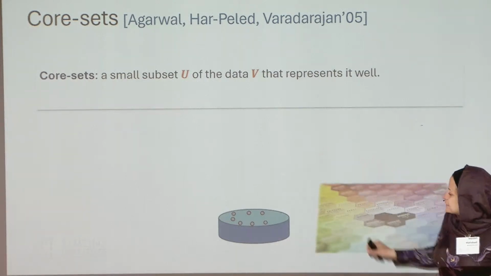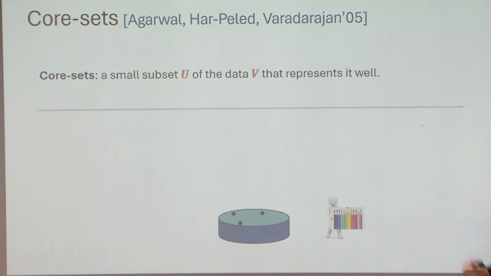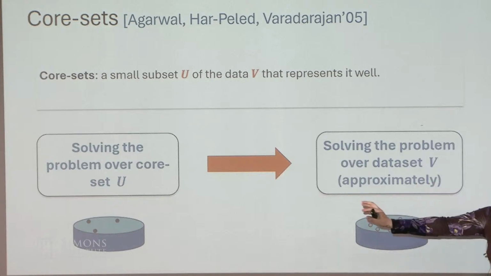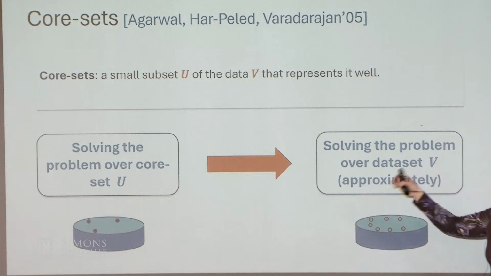A coreset is a small subset of the data that somehow represents the data very well. What do we mean by representing well? It means that if we have a problem that we would like to solve on our data set, then a small subset of it is a good coreset if solving the problem over this small subset gives us a good approximation of solving the problem over the whole data set.